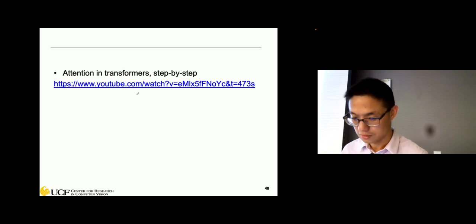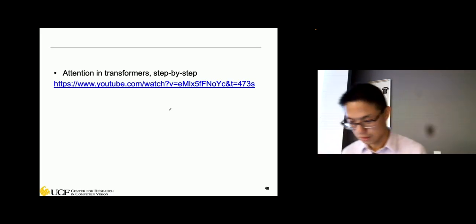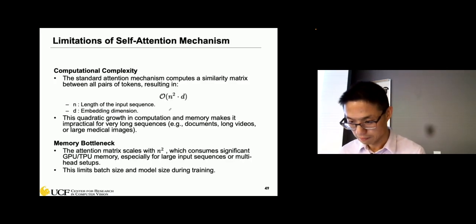He has a very good video demonstration of how the internal mechanism works for this transformer. I highly recommend you watch it if you have some confusions, because visual representation usually helps your understanding. I think it is really very helpful, okay?